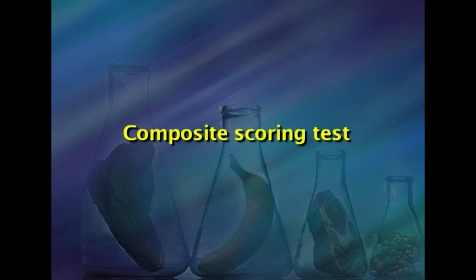Composite scoring test. The rating scale is defined so that specific characteristics of a product are rated separately. The definition of the rating scale is weighed so that the most important characteristics will account for a large part of the total score.